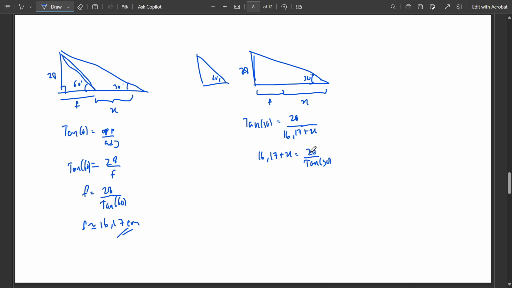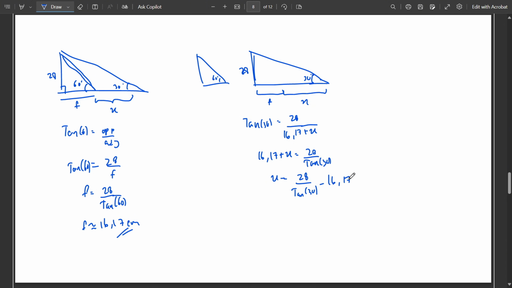We're going to use decimals right now. So x equals 28 over tangent of 30 minus 16.17.